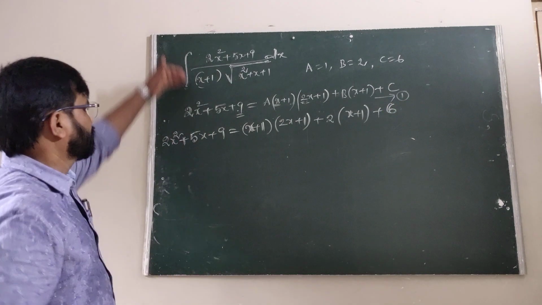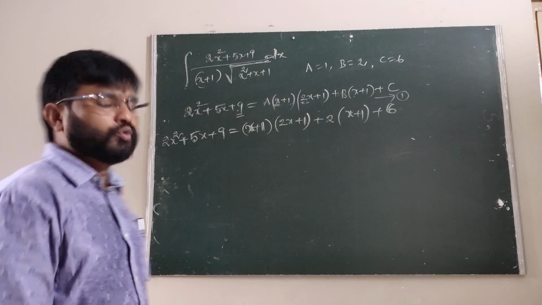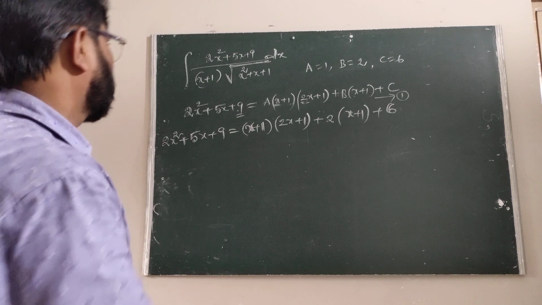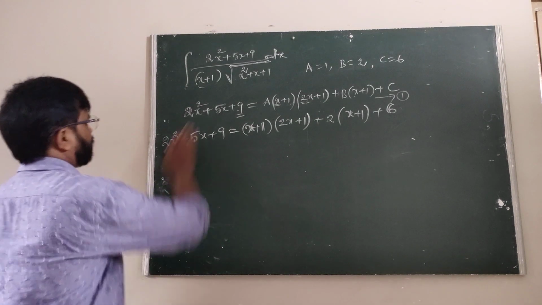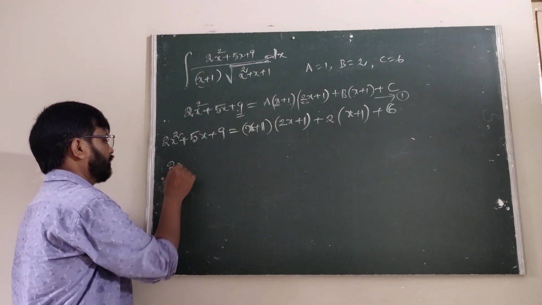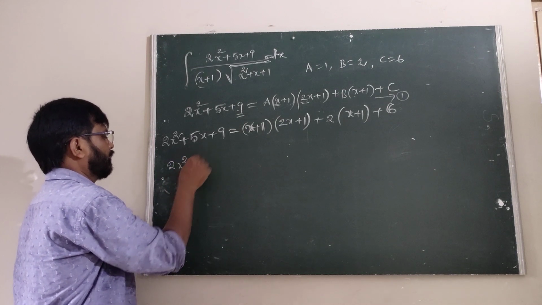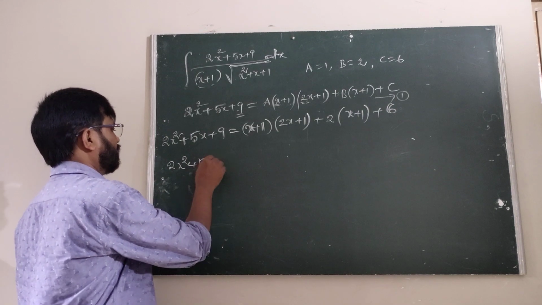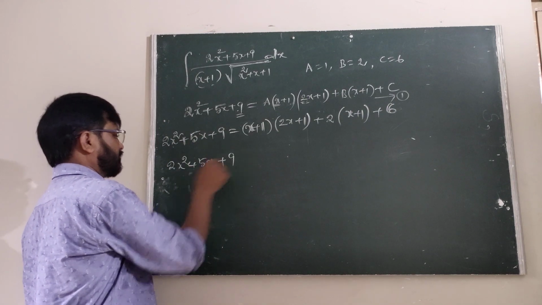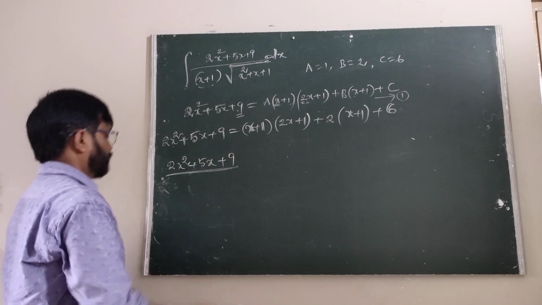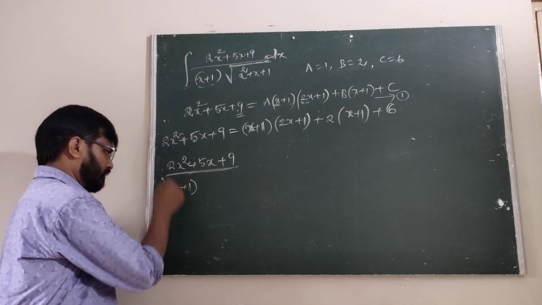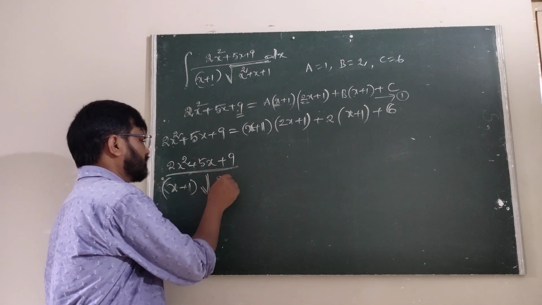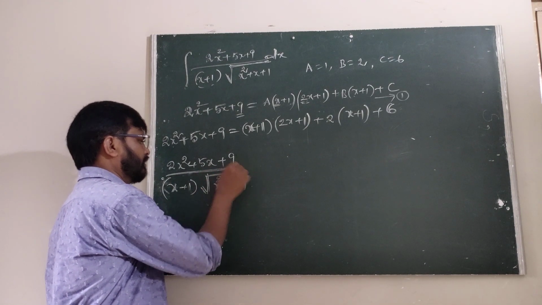Therefore now the question here is given by 2x square plus 5x plus 9 upon x plus 1 under root of x square plus x plus 1. Now 2x square plus 5x plus 9 upon x plus 1 into under root of x square plus x plus 1.